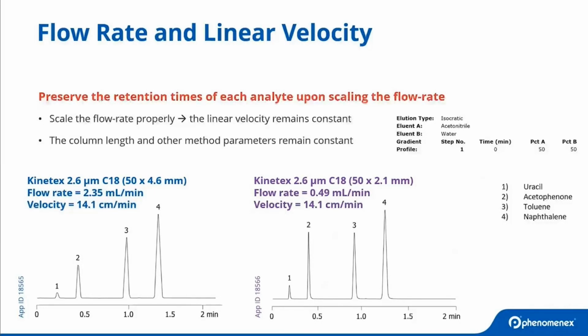A narrower ID constricts the cross-sectional area such that we don't see as much of a laminar flow. As a result, we see sharper peaks due to a more symmetrical analyte band that passes through the detector. With the wider 4.6 millimeter ID and this aggressive flow rate, we're going to see some laminar flow contribution to the analyte band, which resulted in the broader peaks that you see there.